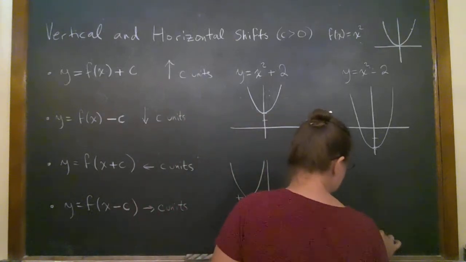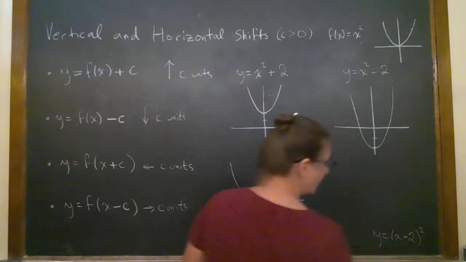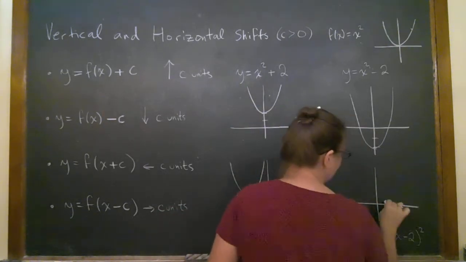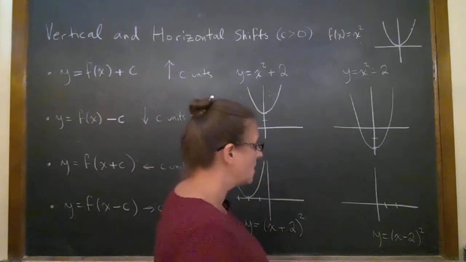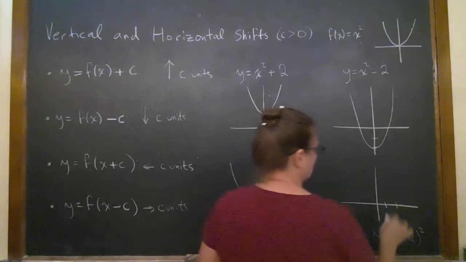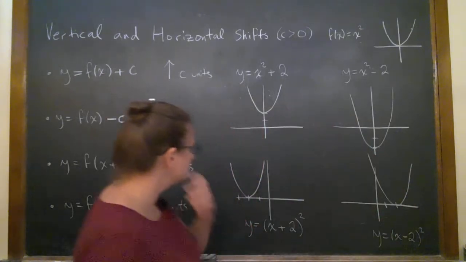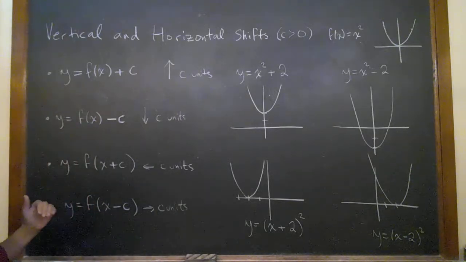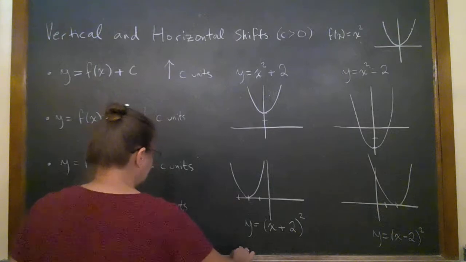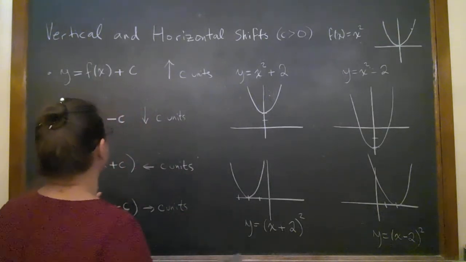If I put in x minus 2 quantity squared, I'm going to move to the right, because what had been the point at 0, now if I put in x equals 2, I'm going to get y equals 0. Those are sort of bad looking graphs, but that's okay. So that's vertical and horizontal shift.